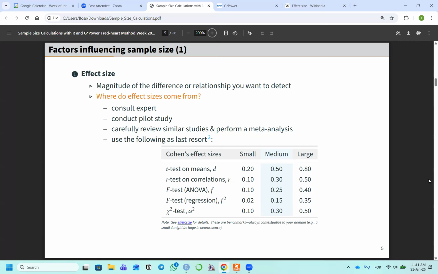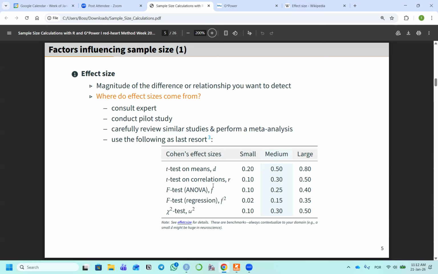you can consider some suggestions and numbers proposed by Cohen. This is basically implemented in psychology, but it may be different in biological science, in economics, or maybe in medical science. So when we use these numbers, we should be very careful, but these are the benchmarks that we can use if we have no option.